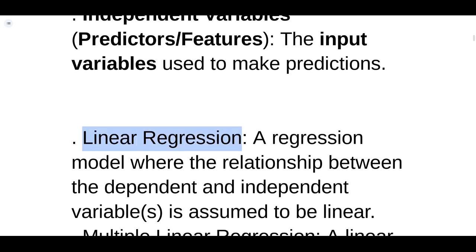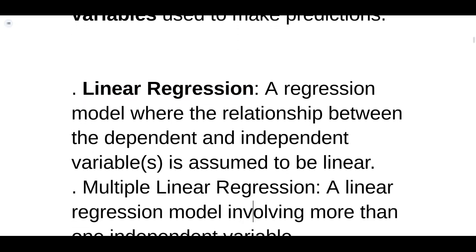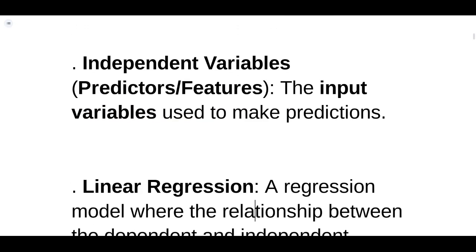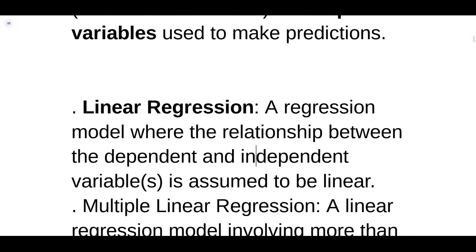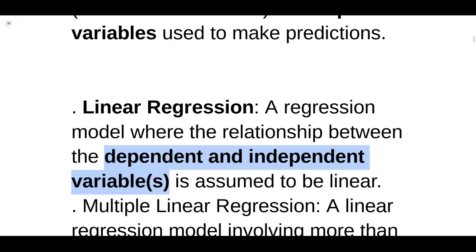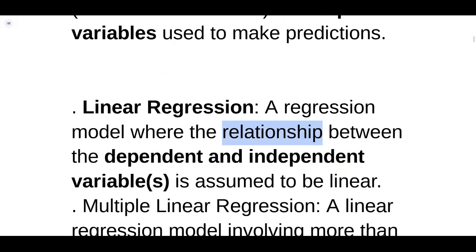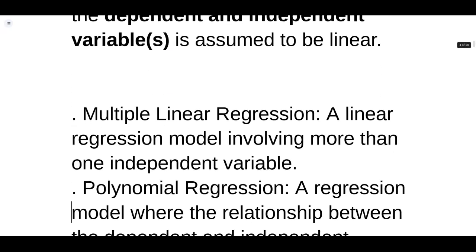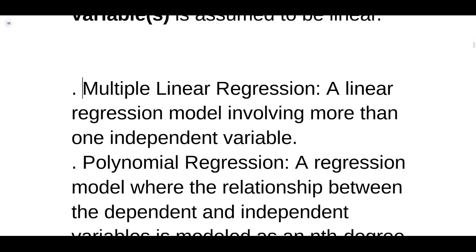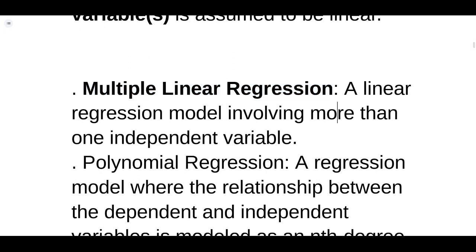Now, linear regression. Linear regression is a regression model where the relationship between the dependent and independent variables is assumed to be linear. Now, multiple linear regression is a linear regression model involving more than one independent variable.